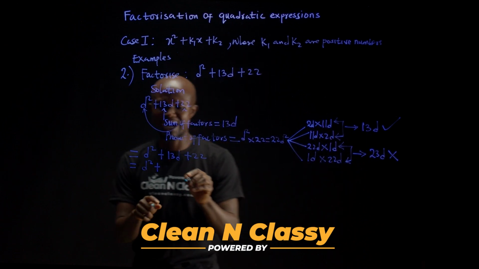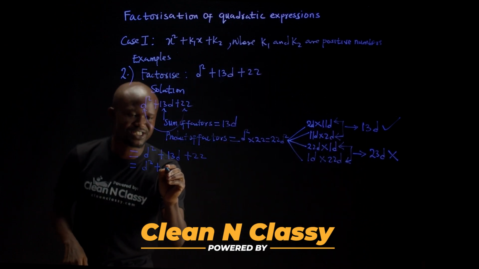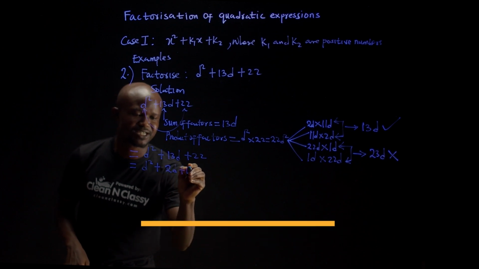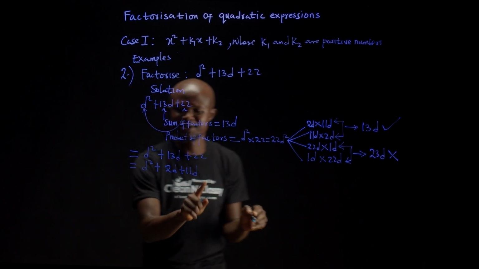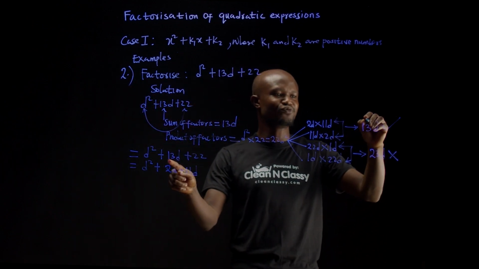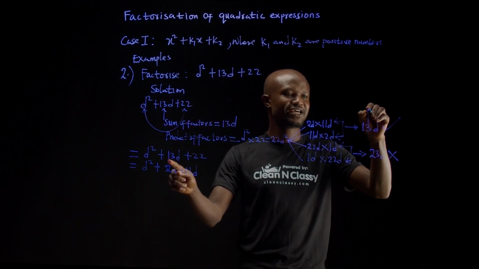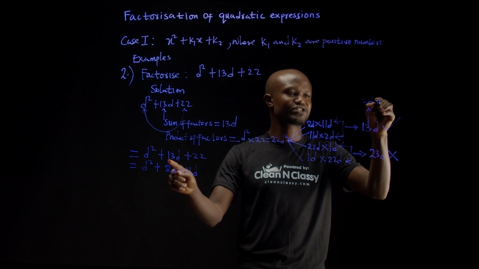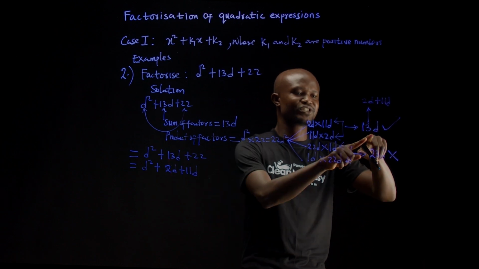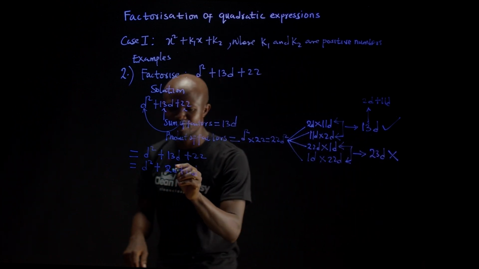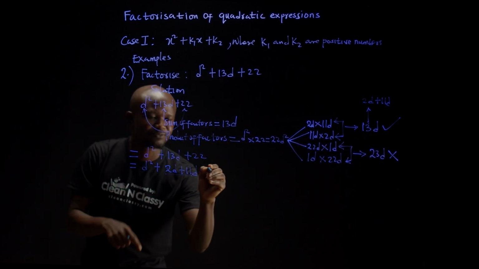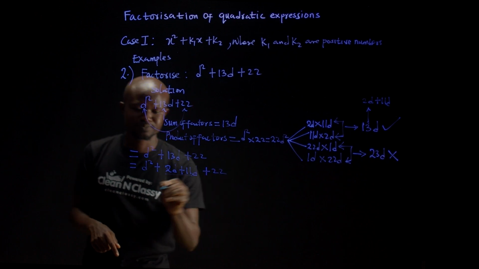So we are going to break this one down to 2d plus 11d, which is representing the 13d. Because the two values we have here is 2d plus 11d, which gives us 13d. So it will now represent the middle term, plus 22.